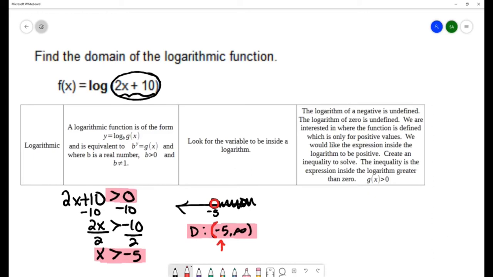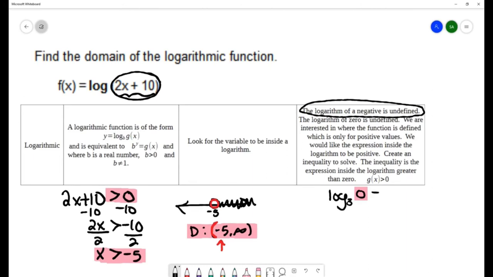So I said I'd come back and take a moment to talk about why the logarithm of a negative is undefined. It goes back to the fact that logarithms and exponentials are inverses of each other. So if we were to try to think of log base 3 of 0, I'm substituting a 0 into the log. When we work this out, this is something that's not going to make sense because it's undefined. So I'm going to try to relate it back to its exponential form.